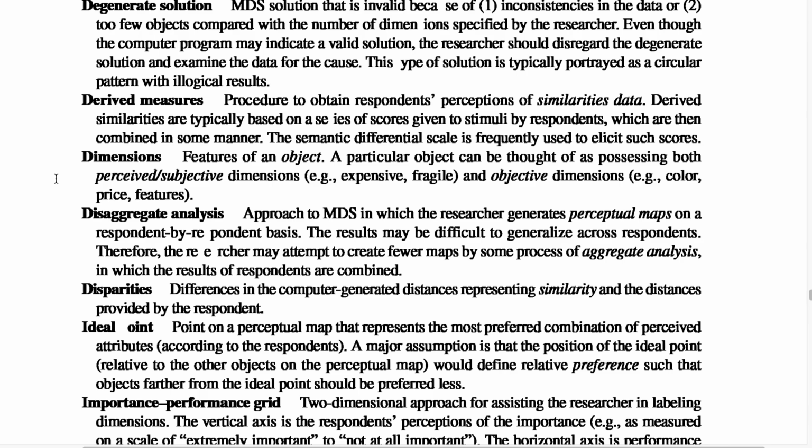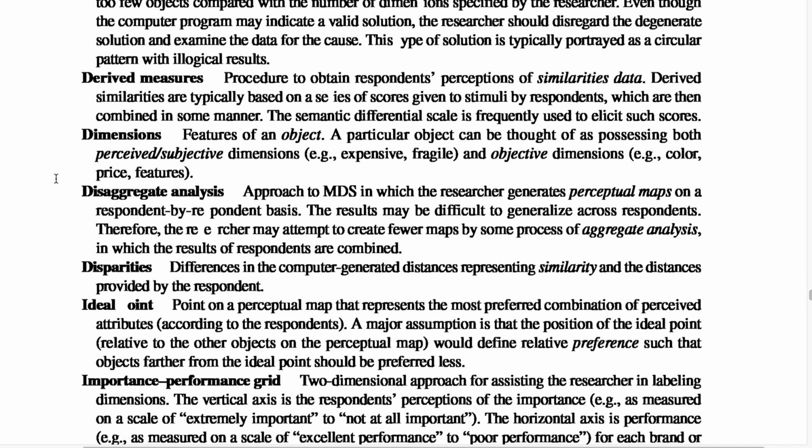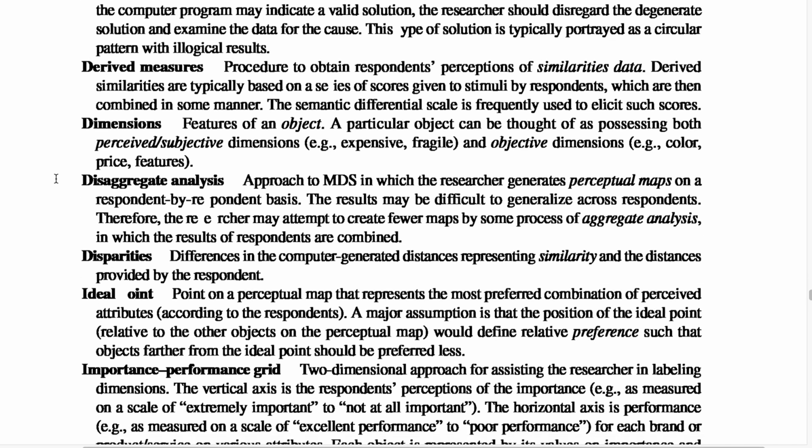The semantic differential scale is frequently used to elicit such scores. Features of an object. A particular object can be viewed as a set of features, both perceived subjective dimensions, for example expensive, fragile, and objective dimensions, color, price, features.